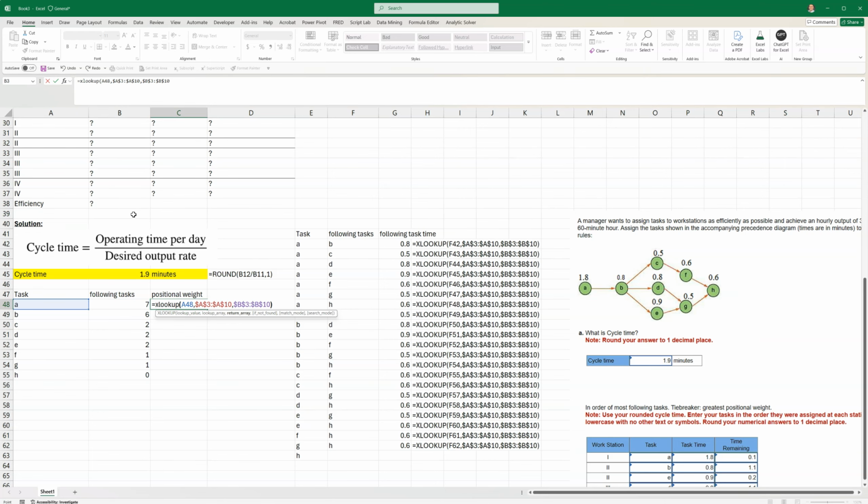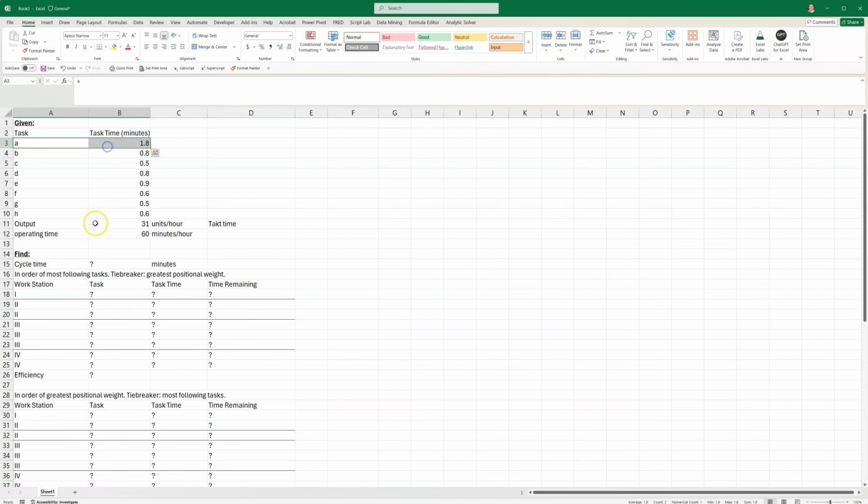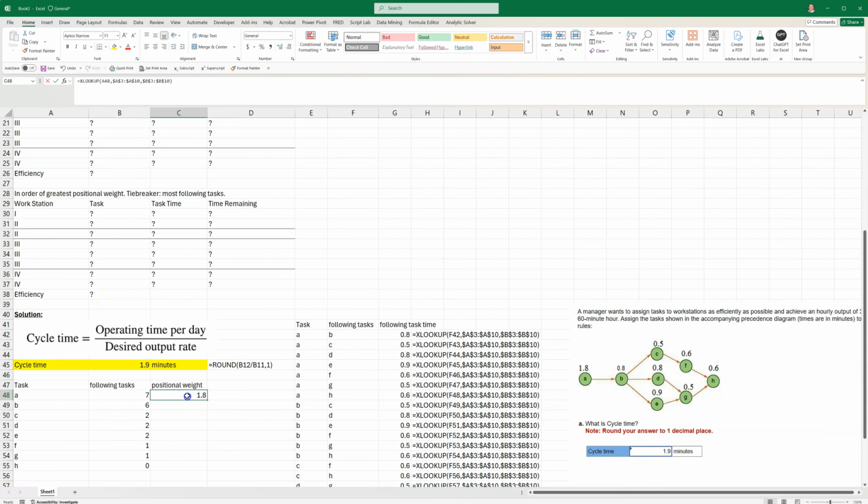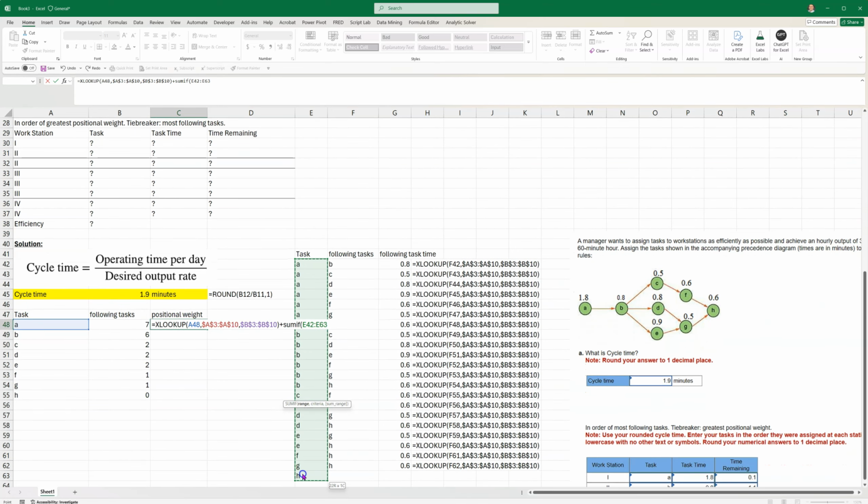All right, so we're going to stop right there and look at what we have. We know that task A is 1.8, right? And then we have to get all the following tasks. So we're going to say plus SUMIF. Well, we want to sum these.